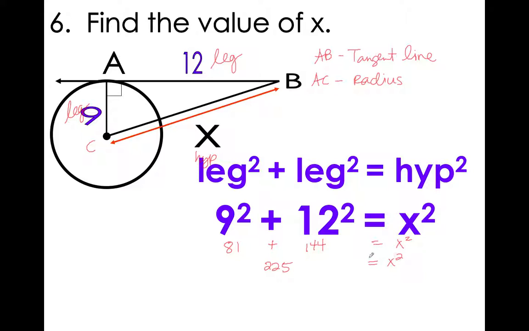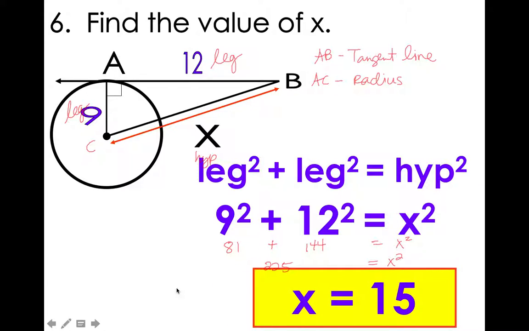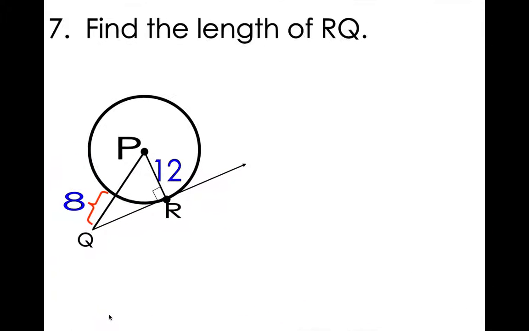And remember, I have to take the square root of both sides because I need to find out what x is. And so therefore, I end up with x is equal to 15. Let's look at the next one, number 7. Give you a chance to copy that down.